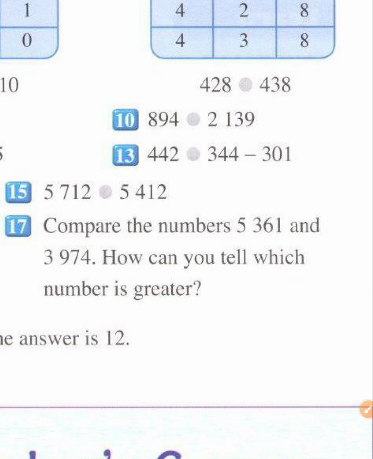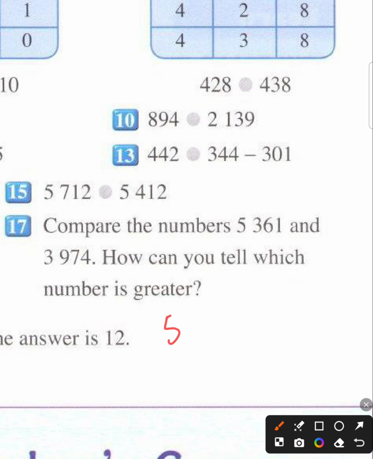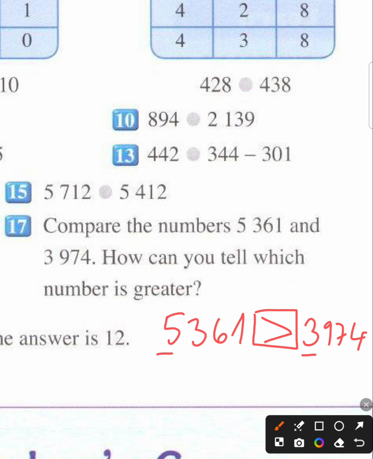Compare the numbers 5,361 and 3,974. How you can tell which number is greater? Okay, 5,361 and we'll write here something, and 3,974. We have 5,000 and 3,000. It means this number is greater than the second.